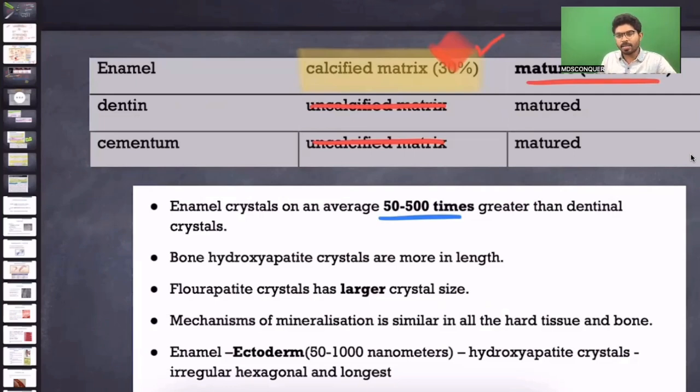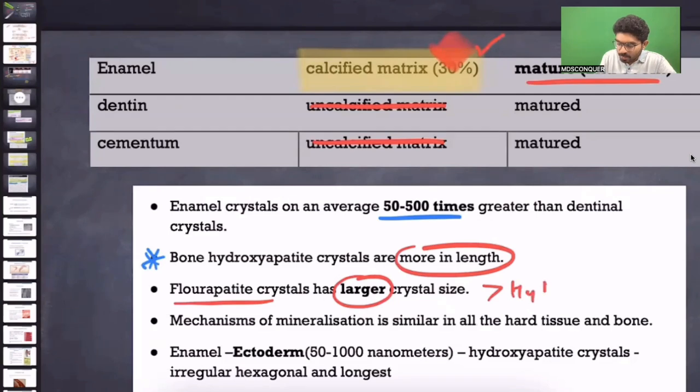Whenever your enamel is treated with fluoride, what is going to form? Fluorapatite and fluorohydroxyapatite will be formed. So this fluorohydroxyapatite has larger crystals when compared to normal hydroxyapatite. We have discussed this concept in operative dentistry.